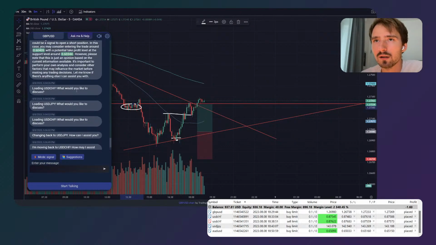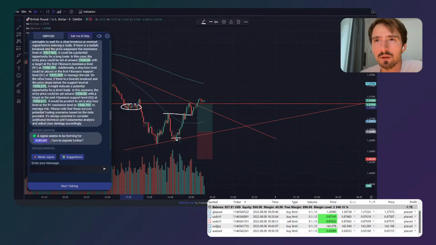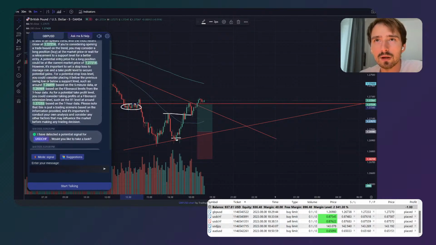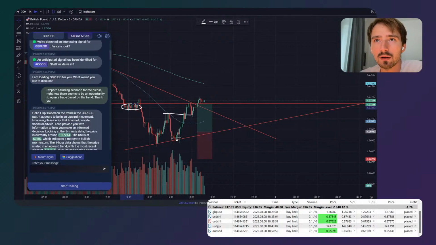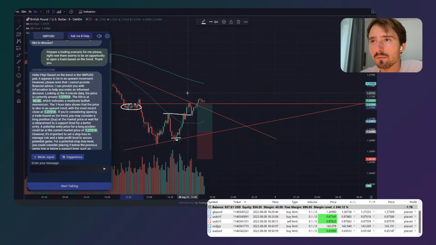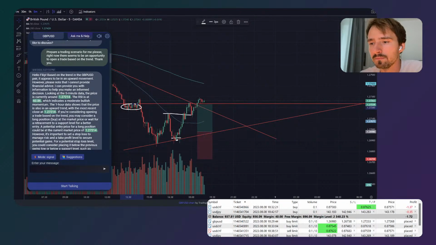So when we got the signal, what was the time? Let me scroll back here a little bit. It was the British pound. Here we go. That was 5:27. So it was over here, in this top layer. And then we moved a little bit up and then back down to this potential resistance level.